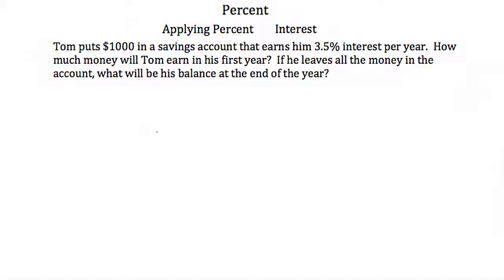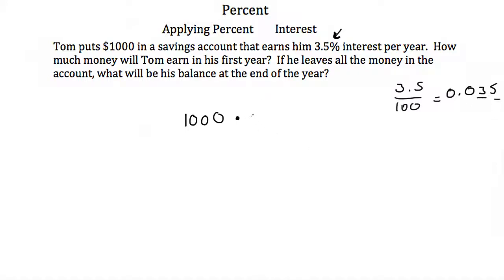Well, here we have Tom. He's got $1,000 originally put in. This is called our principal. And we multiply that by our interest rate, which is 3.5%. But remember, when we're multiplying by a percent, we have to divide it by 100. So this would be 0.035 because it's 3.5%.